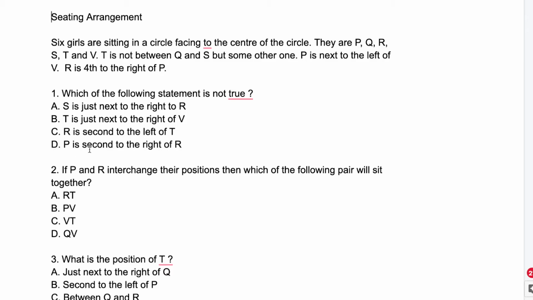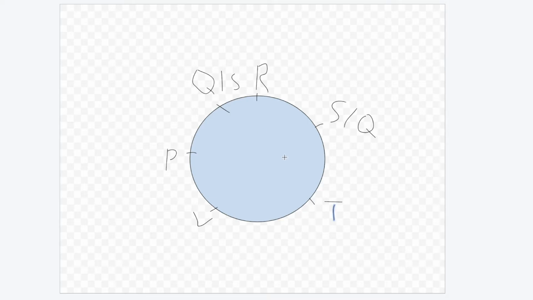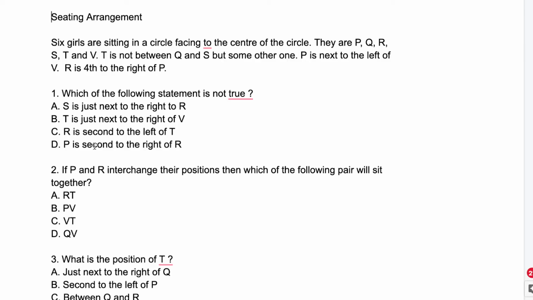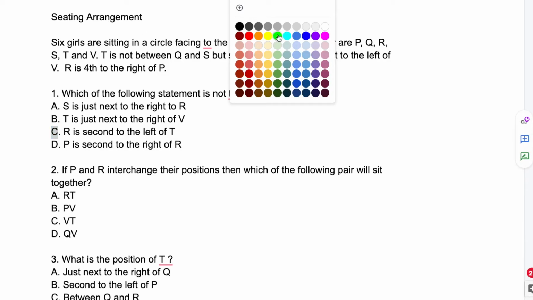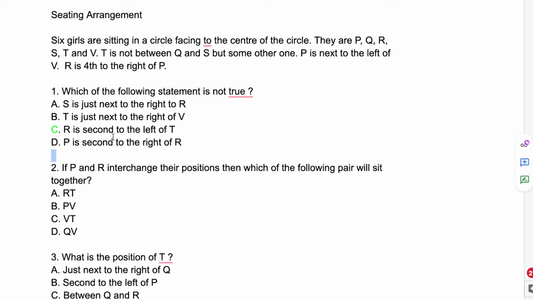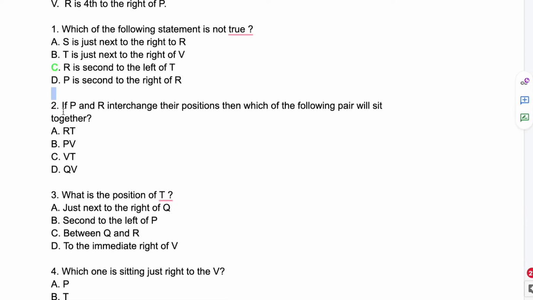Now D. P is second to the right of R. The second to the right of R is 1, 2, and it is P. So if we go back here, we know that the correct answer would be C, as it is the only one of these statements that we know is definitely not true. So C is correct.